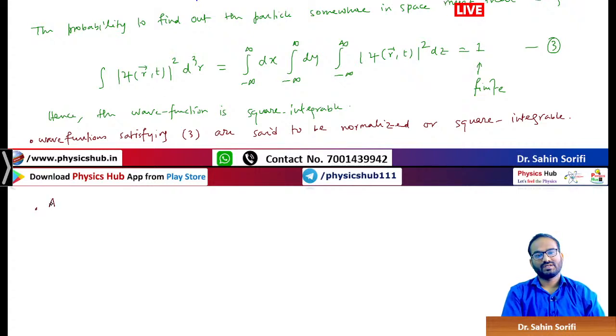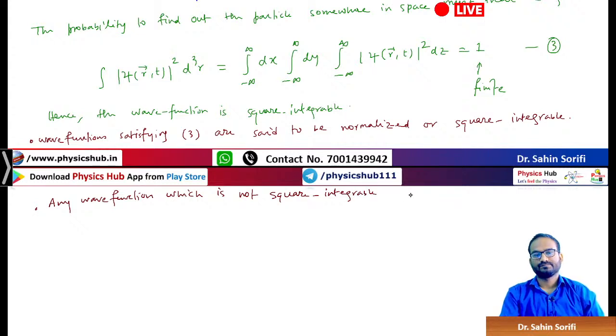So you can also write: any wave function which is not square integrable has no physical meaning in quantum mechanics.